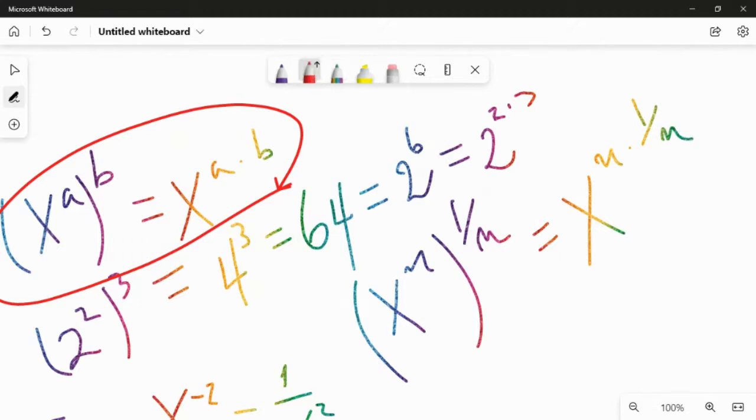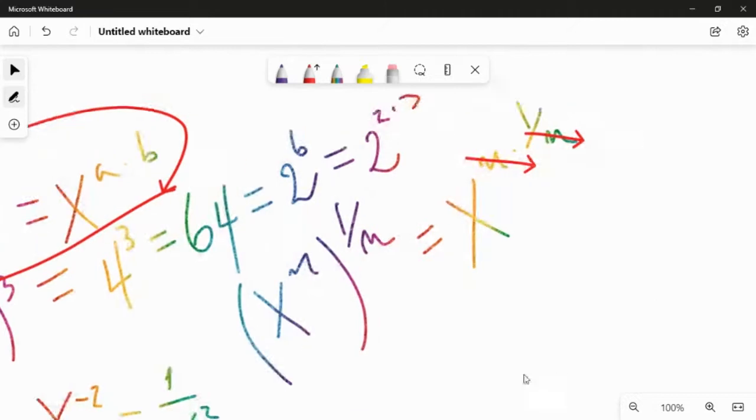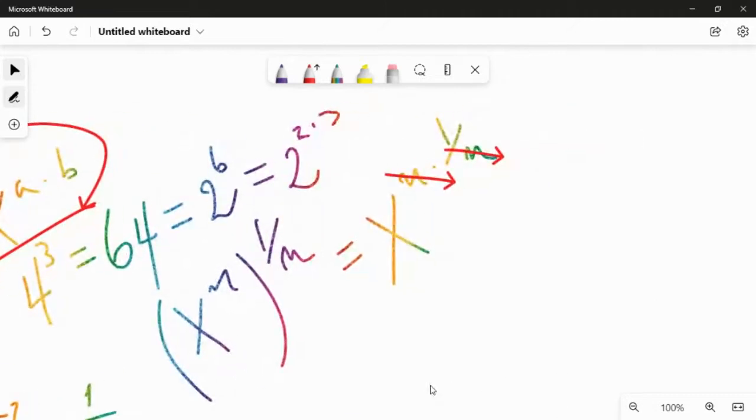And what's going to happen? These two will cancel out, right? And then that is simply x. They cancel out simply because anything, n times 1 over n, will cancel out and become just 1, right? That's x, basically.